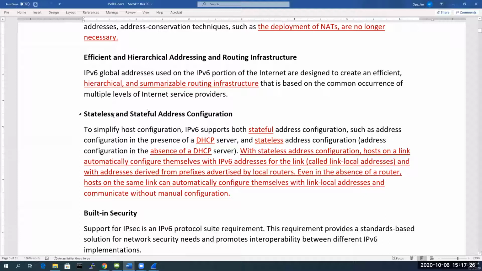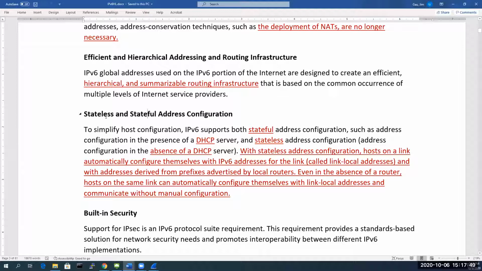For instance, if you are in the IPv4 environment and you know that the prefix of your network is 10.10.10.0/24, then you will use 10.10.10 as the network portion and self-generate your host ID. And IPv6 is the same way. You look at the network portion, and then you generate the rest yourself.